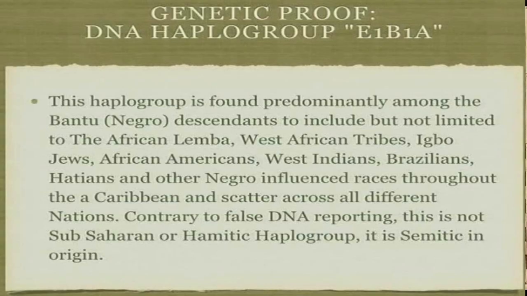This haplogroup is found predominantly among the Bantu Negro descendants, to include, but not limited to, the African Limba, West Indians, Brazilians, Haitians, and other Negro-influenced races throughout the Caribbean and scattered across all different nations. Contrary to false DNA reporting, this is not a sub-Saharan or Hamitic haplogroup. It is Semitic in origin.